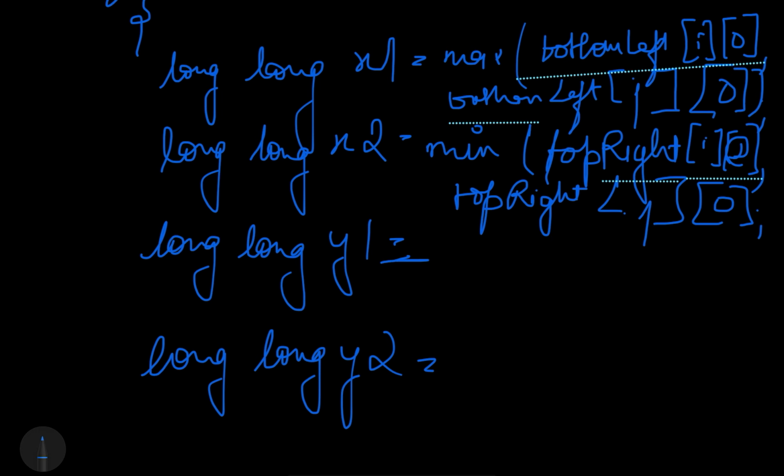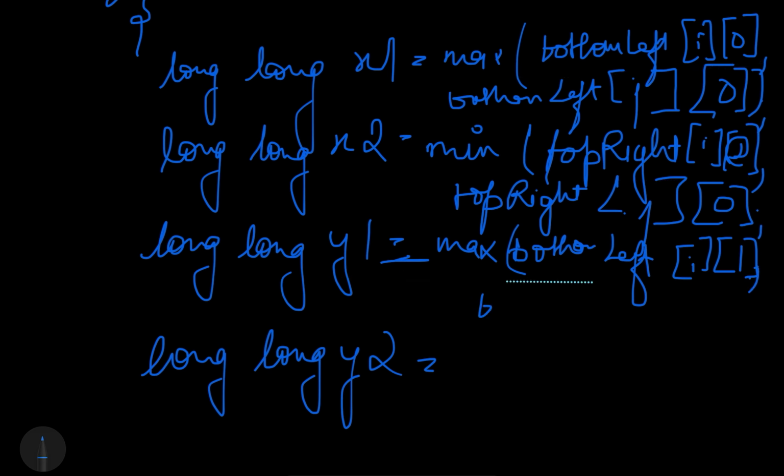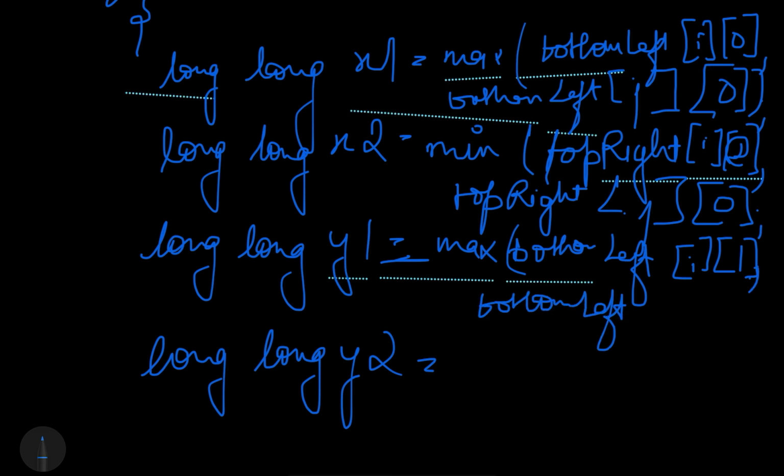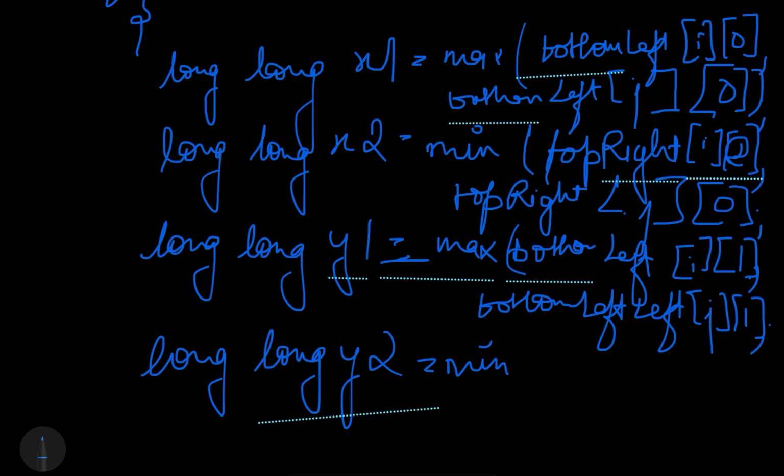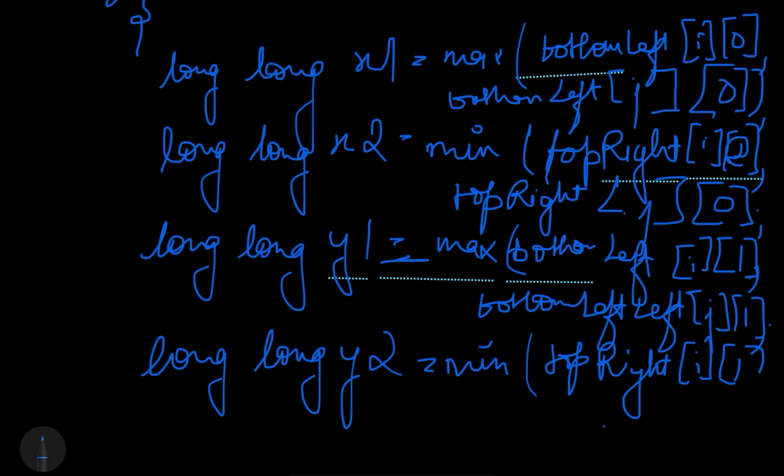Similarly, our y1 is equal to max of bottom left of i comma 1 and bottom left of j comma 1, and y2 would be minimum of top right of i comma 1 and top right of j comma 1.